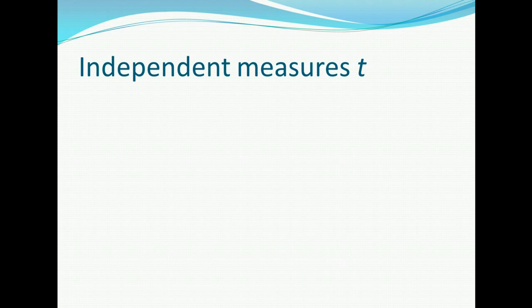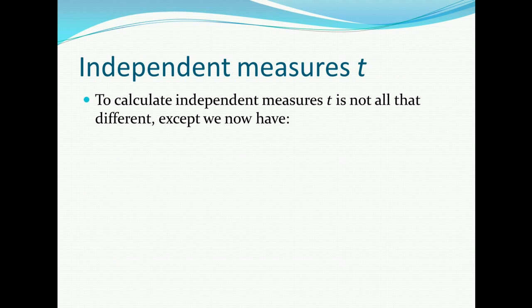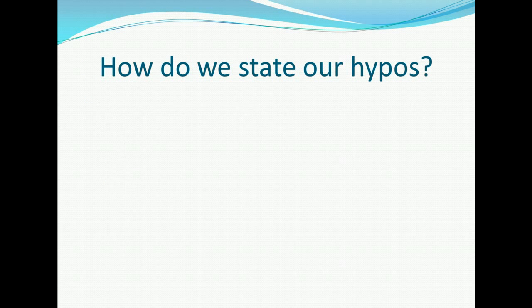So independent measures T. To calculate independent sample or measure T is not all that different, except now that we have two means, because it's two distinct separate samples versus the dependent samples where it was basically treated as one big sample, two sums of squares, and two ns. And so how do we state our hypotheses?